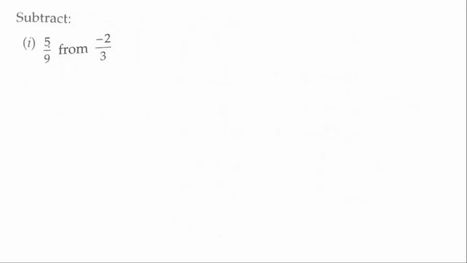Next is to subtract 5 by 9 from minus 2 by 3. So we have the form here in between. So how do we have to write? Minus 2 by 3 minus 5 by 9. Okay, if we see from here, then we have to swap this way. Now find the LCM. It will be 9.